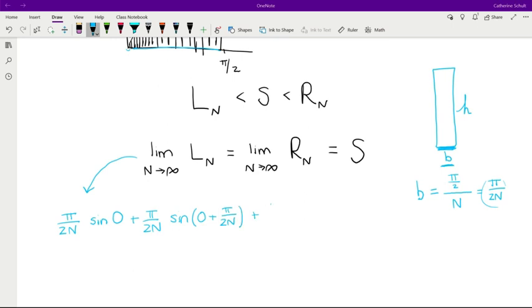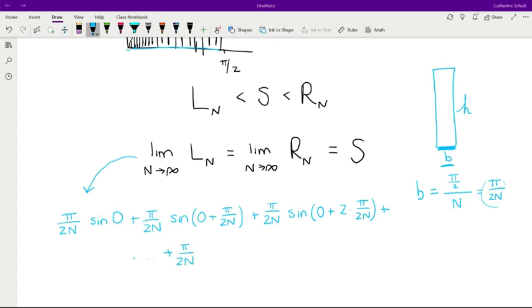Okay, and then the third rectangle, the area is the base times the height, and the left endpoint is going to be 2 copies of that base of the rectangle. All right, and we're going to keep going because this goes on forever, right? Until we can just call it n.